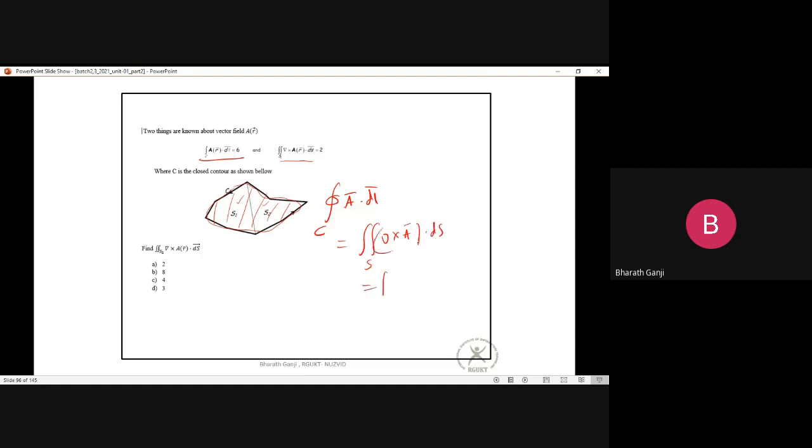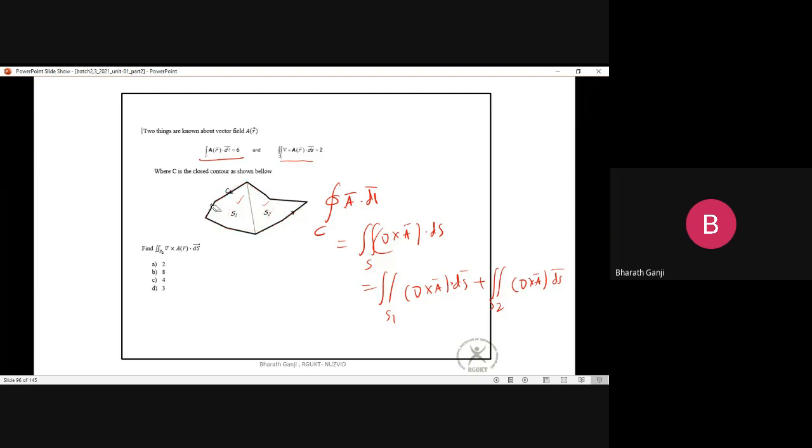So this you can write as the sum of S1 of del cross A1 into ds bar plus the sum of S2 of del cross A bar ds, right? So I think this is how you have approached it. But first of all, why do you have such a thing? That is, can I simply divide it like this?